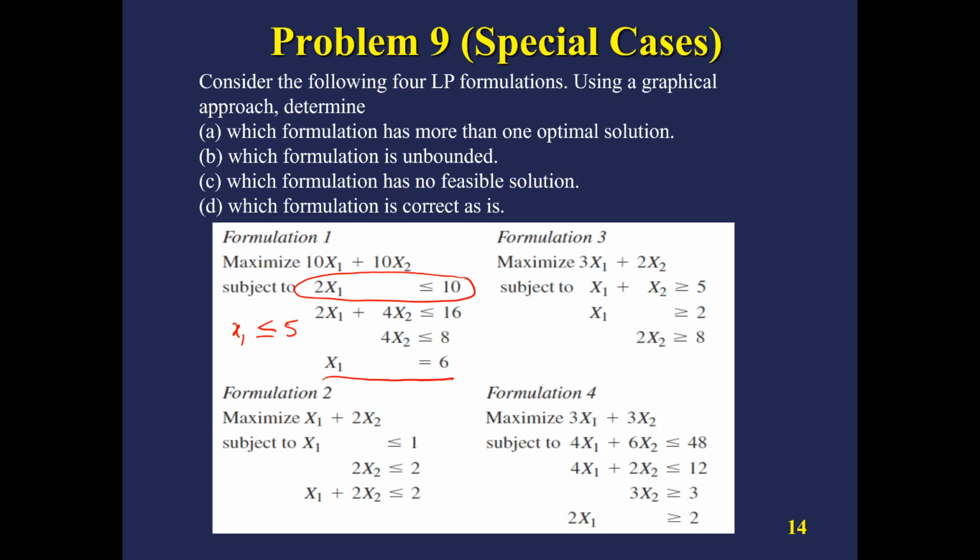This means there is a conflict here, and that's why we can say that it has no feasible solution. So formulation 1 is the answer to the part on which formulation has no feasible solution.